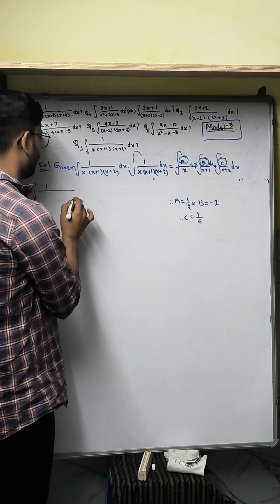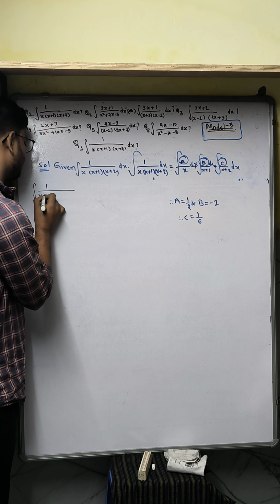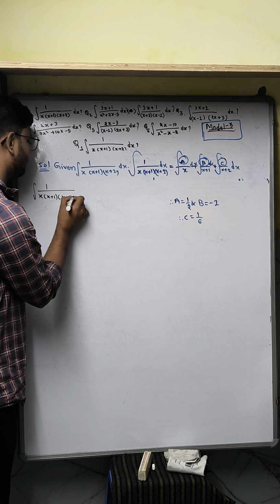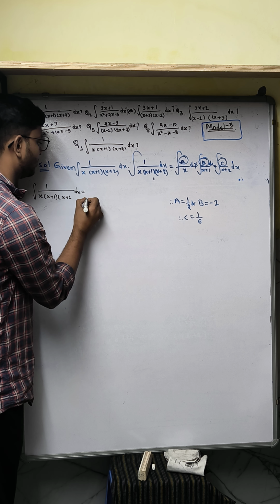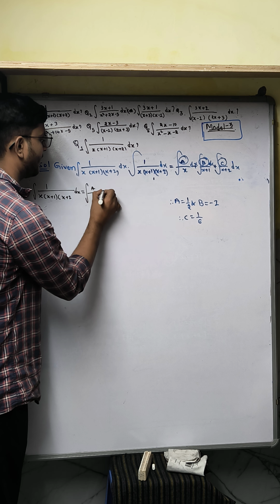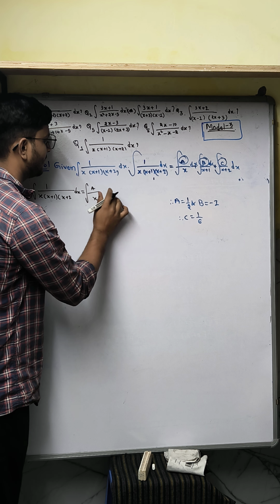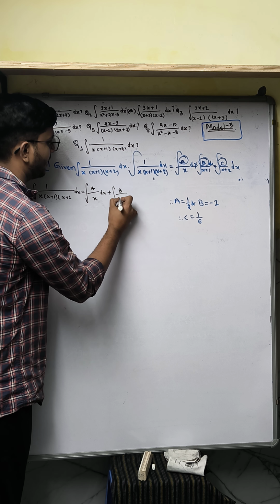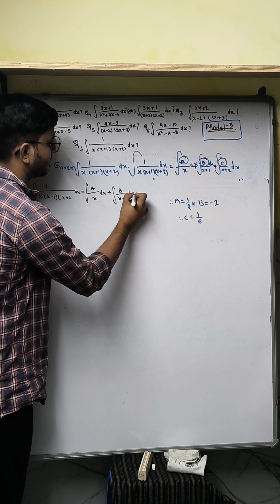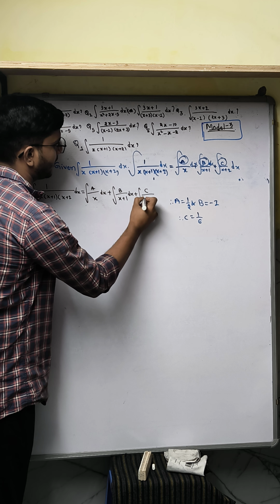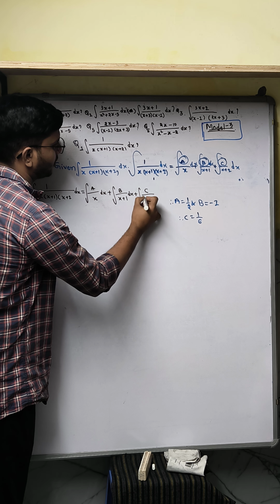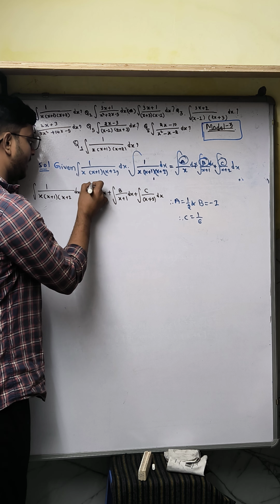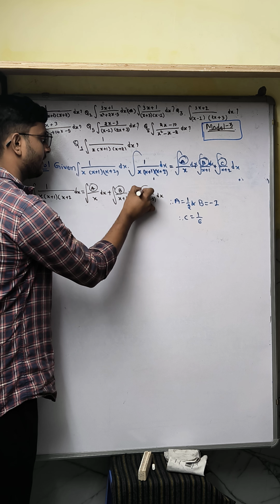Integral 1 by x(x plus 1)(x plus 2) dx is equal to integral a by x dx plus integral b by (x plus 1) dx plus integral c by (x plus 2) dx. Okay, we find out a, b, c.